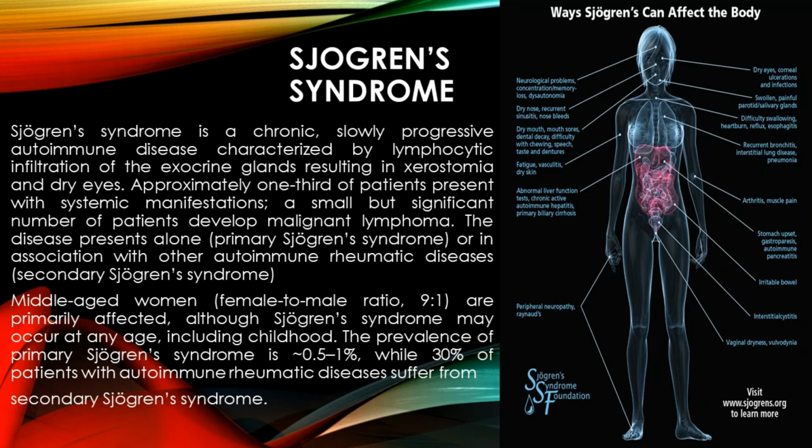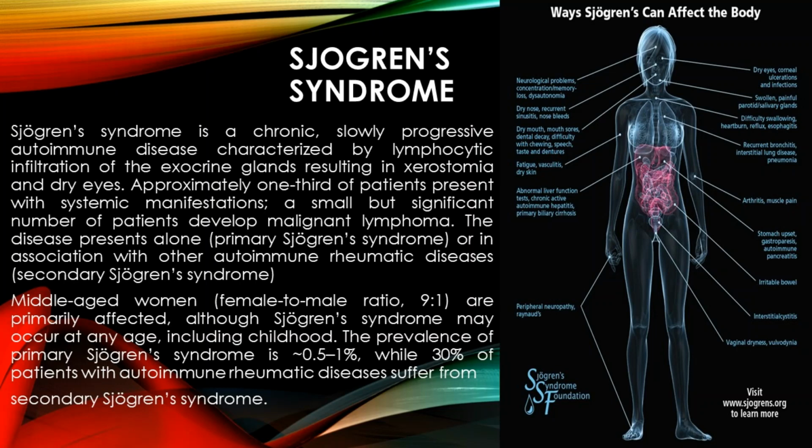And also in this slide you see the ways Sjogren can affect the body. We have peripheral neuropathy, the renal phenomenon, vaginal dryness, vulvodynia, stomach upset, arthritis, bronchitis.